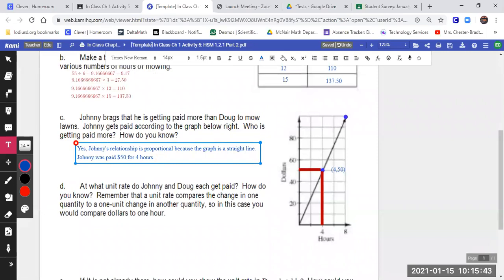Figure it out. Use your calculators. Come on. All this not chatting in the chat is getting people lower participation scores. You must participate if you want that full score. Which one gets you a bigger number? 55 divided by 6, or 50 divided by 4?